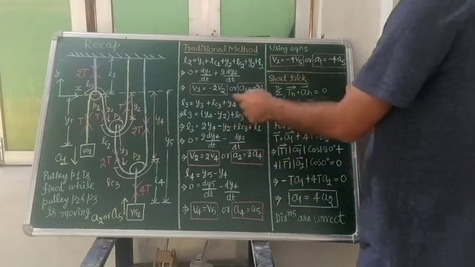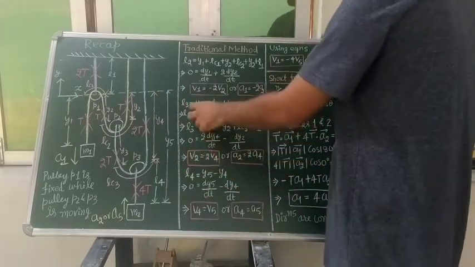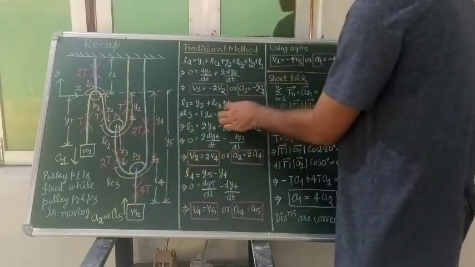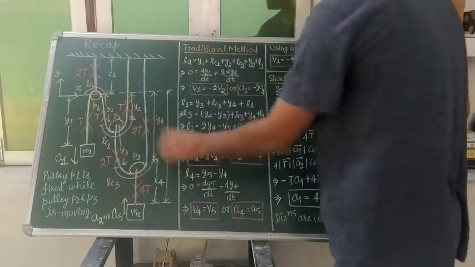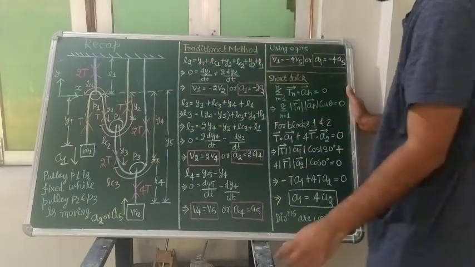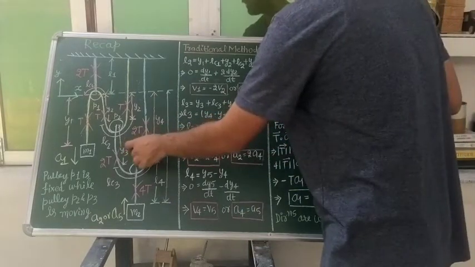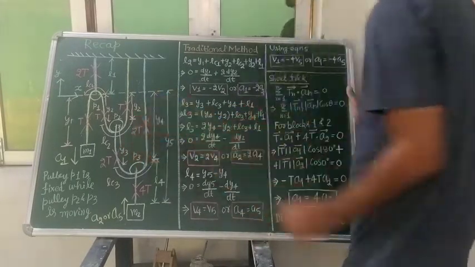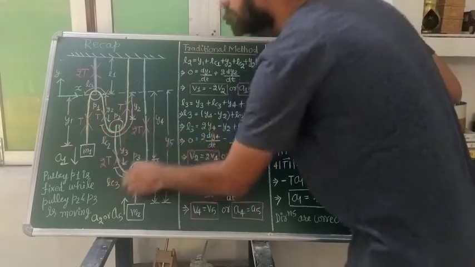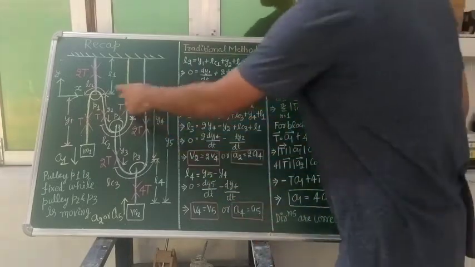length of the third string, which we are denoting by L3. So L3 we can write as y3 plus LC3 plus y4 plus L1. So of course, student, when we differentiate this with y3 and y4, we will get the relation between the same string, but we want the relation between the different strings.